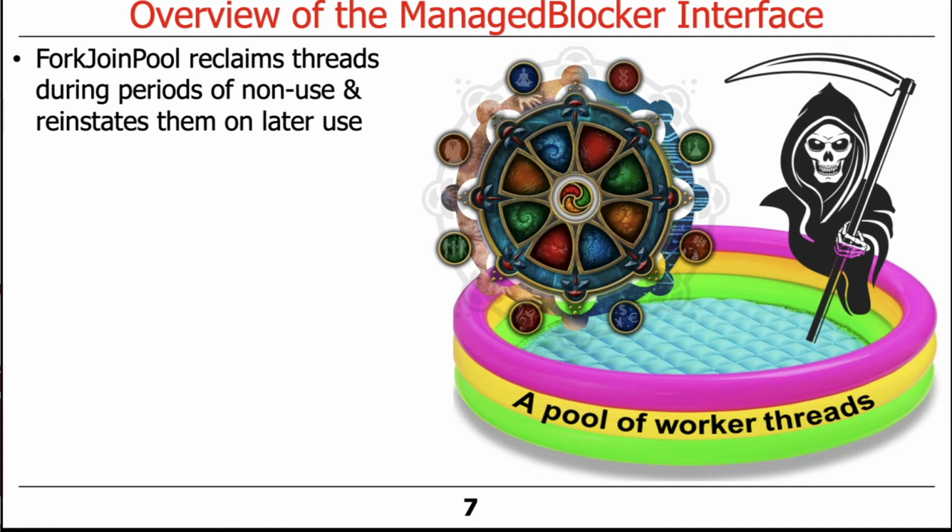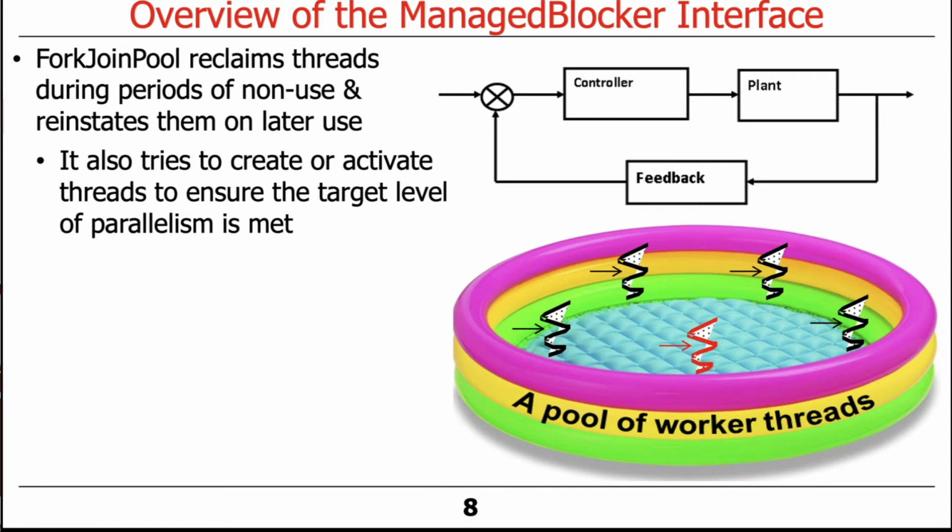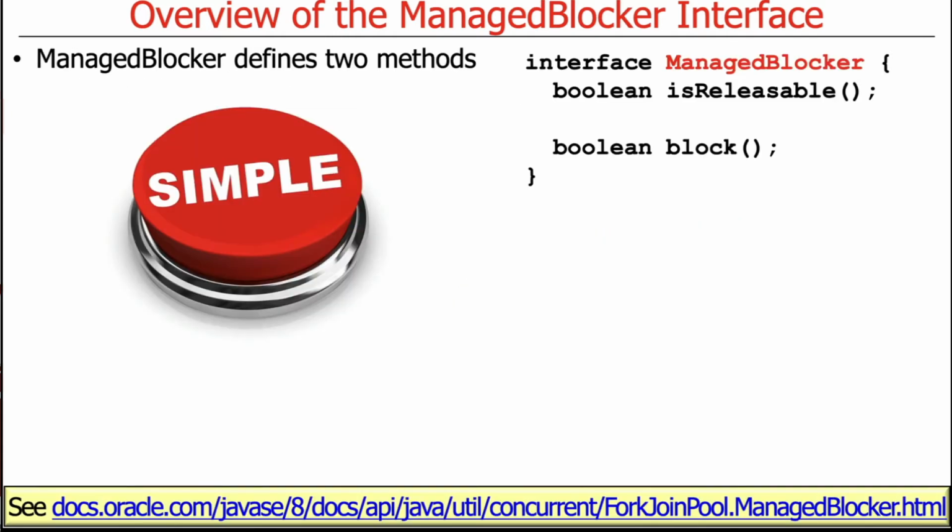You can think of it as a Grim Reaper kind of thing that will shut things down, but then it also allows them to be rebirthed in a sort of samsara-like way. And it also tries to create or activate threads to ensure the appropriate target level of parallelism. You can set what that target level is, and it tries to keep it within that bound.